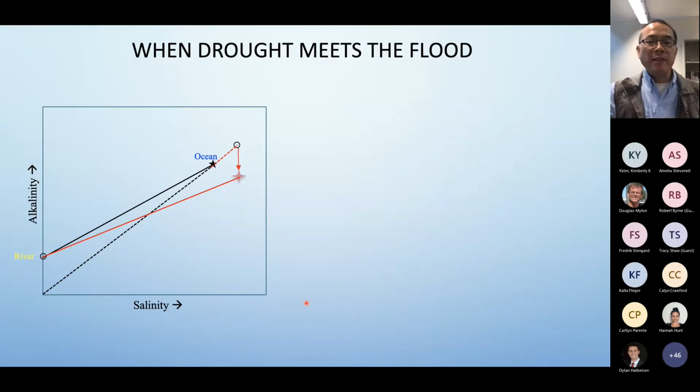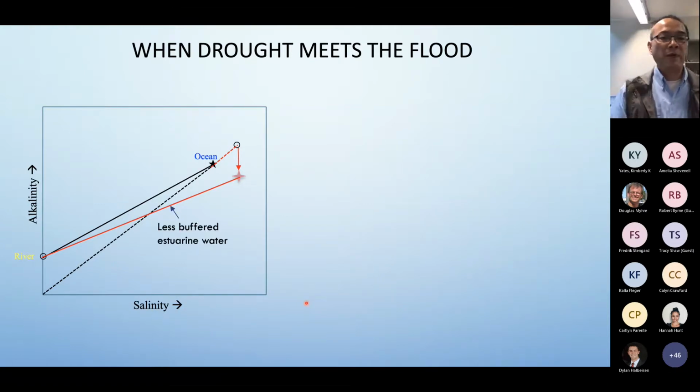This will create another mixing line. You can see the alkalinity across this entire salinity gradient is lower than what you would expect for a normal condition where you have not so much hypersalinity and not so much alkalinity consumption. So this will create a less buffered estuarine water.